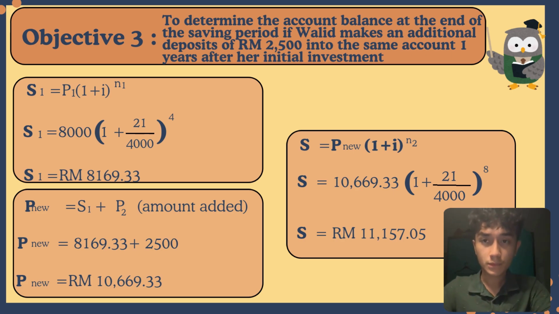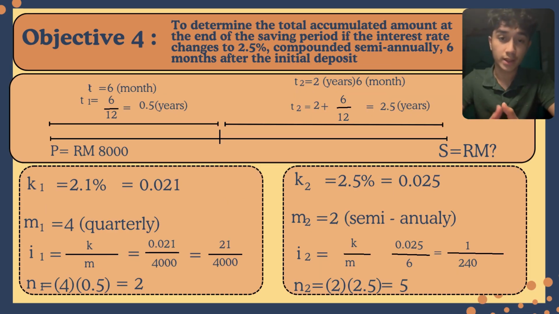So, to determine the account balance at the end of the saving period, if Wallet makes an additional deposit of 2,500 into the same account 1 year after her initial investment, let's insert the formula. The formula will be S1 equals P1 open bracket 1 plus i close bracket to the power of n1.